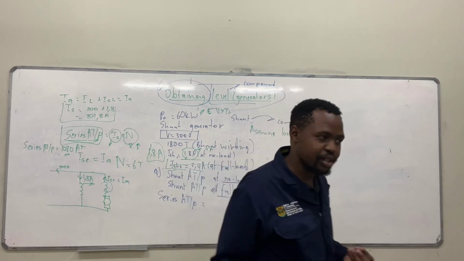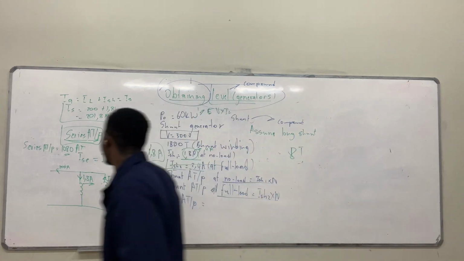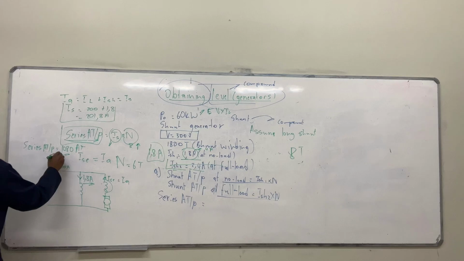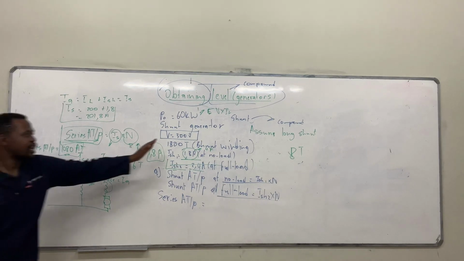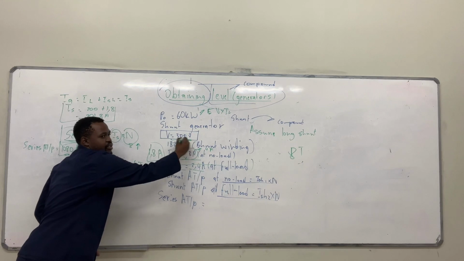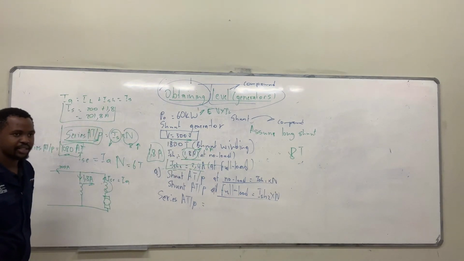That is what I'm going to do, so that the series ampere turns are maintained at 1080, because at 1080 we are able to maintain 300 volts.